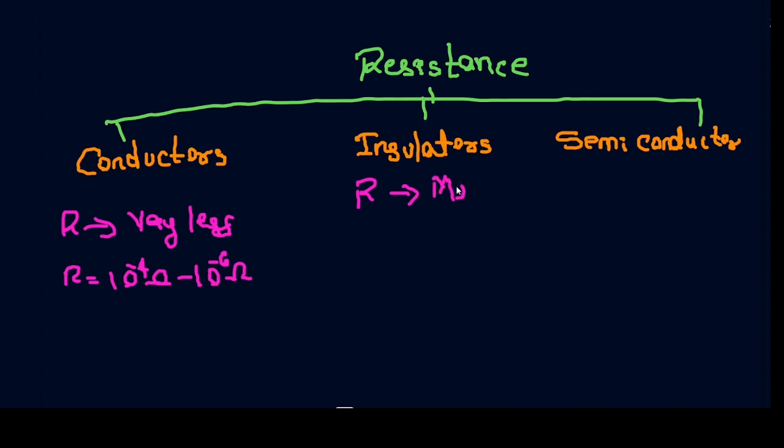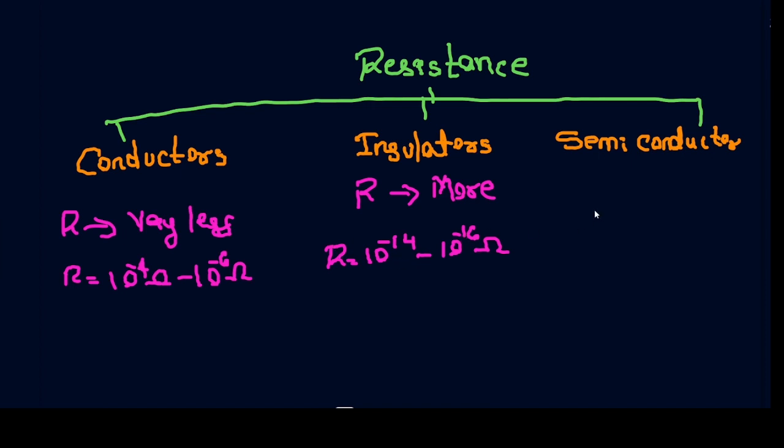Okay, more resistance it offers. So the resistance order can be 10 to the power of minus 14 to 10 to the power of minus 16 ohms, right? So it is the very highest electric resistance.